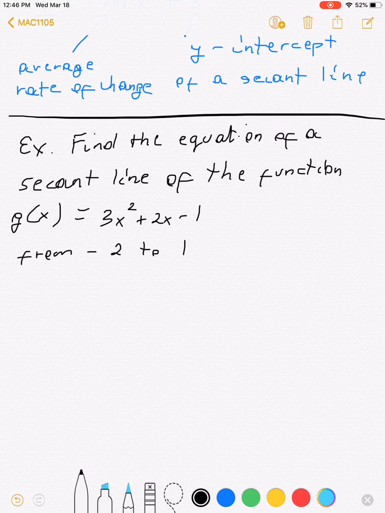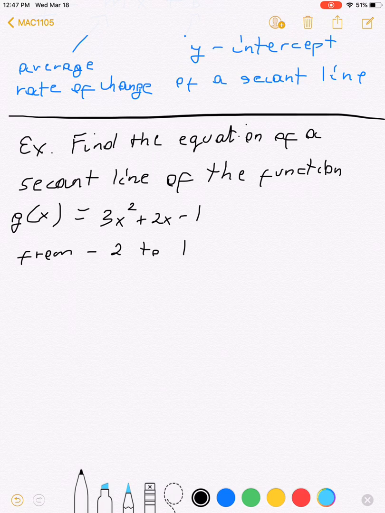So technically this is what we're going to do. I will draw the graph by the end when we're done with this example, but you have a function 3x squared plus 2x minus 1, which is a quadratic function. We need to find the equation of the line from x equal -2, where we already know 2 points which intersect the graph g of x.